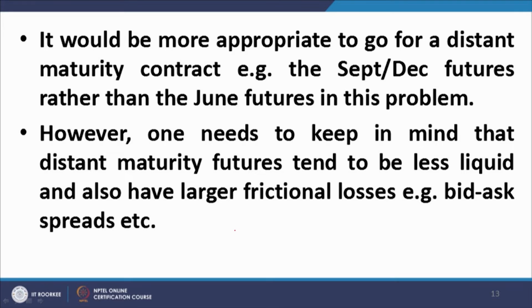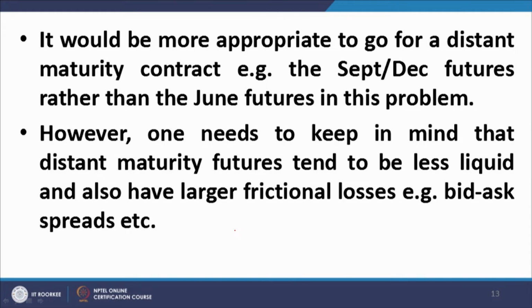So, with that perspective, we can say that June contract, the near contract, may not be the best option when we look at the hedging of such situations using futures contracts. So, it would be more appropriate to go for a distant maturity contract, that is the September or December futures, rather than the June futures in this particular problem.